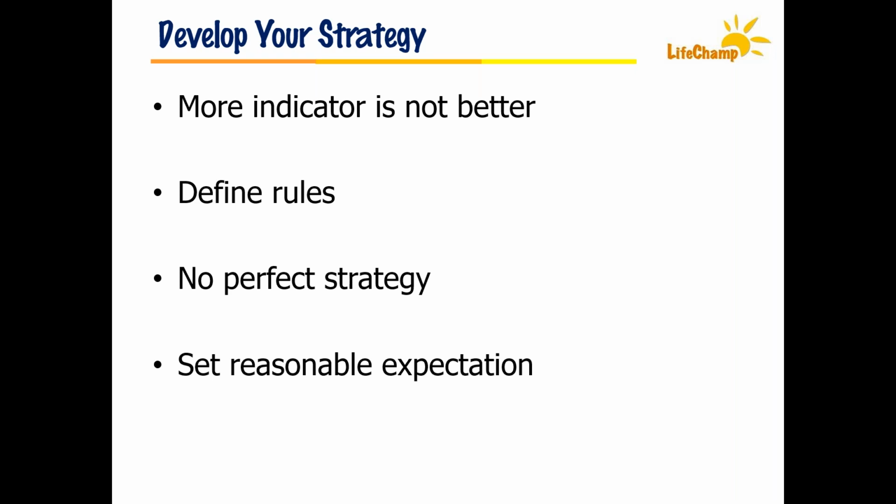You also have to define rules, like how much percent risk you want to take in this system, how many contracts or lots you want to trade, what kind of contracts, and how you want to exit and enter. You have to define such rules in your system. And please remember, there's no perfect strategy, so you need to set reasonable expectations.